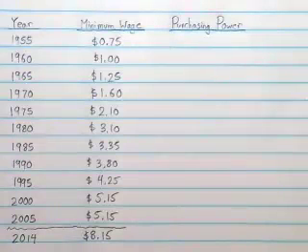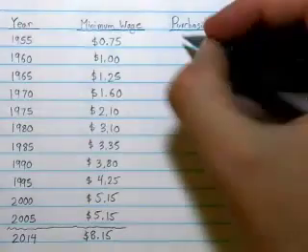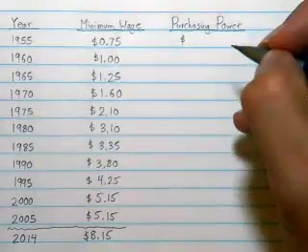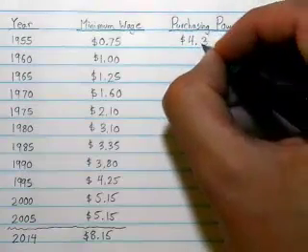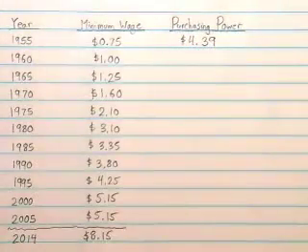If you look at 1955, 75 cents an hour, and try to compare that to today, it's hard to do because inflation has ballooned it up so much more than what it was. If we get rid of that, that's what the purchasing power does. So in 1955, it'd be like having a minimum wage of $4.39.